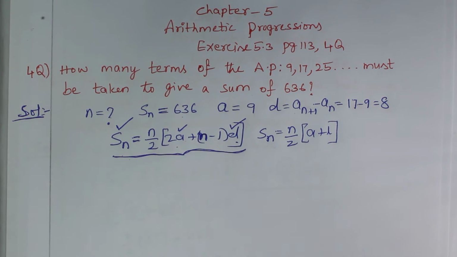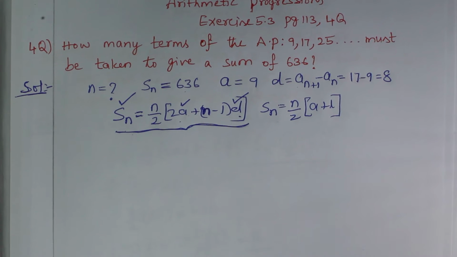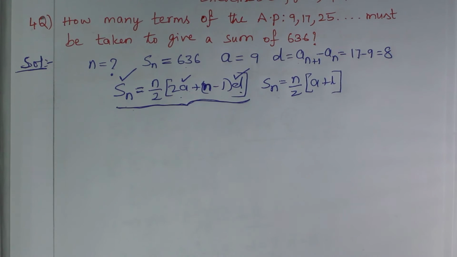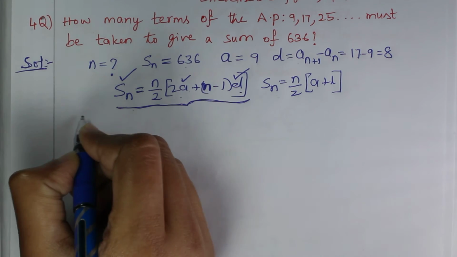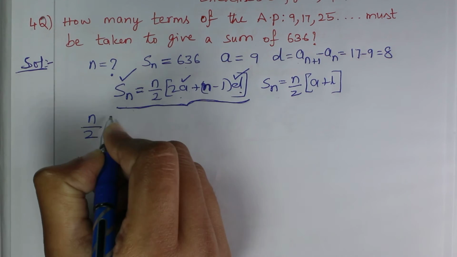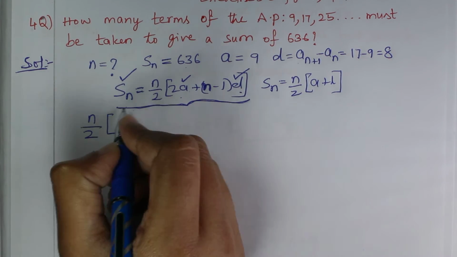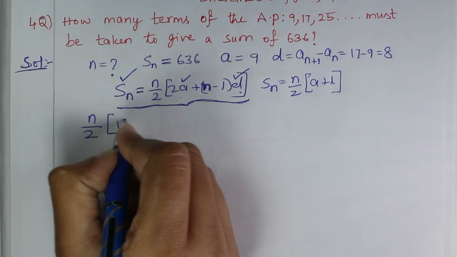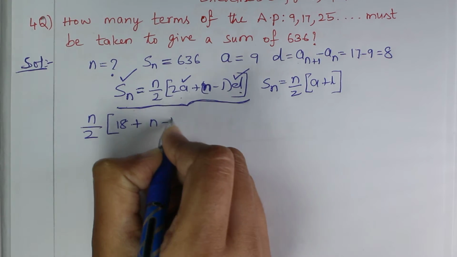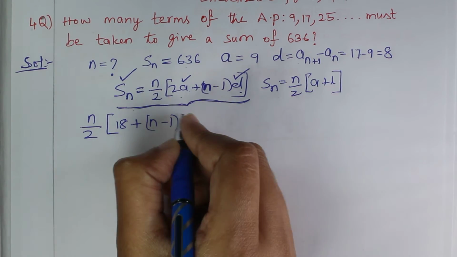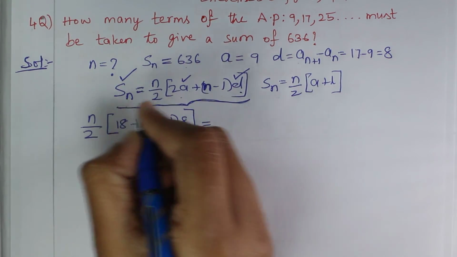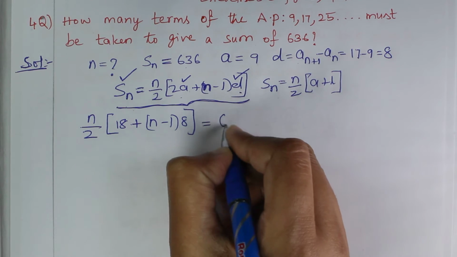So let's start solving the problem. n by 2 into 2a, which is 2 into 9 is 18, plus n minus 1 into the common difference 8, is equal to Sn, the sum of the terms, 636.